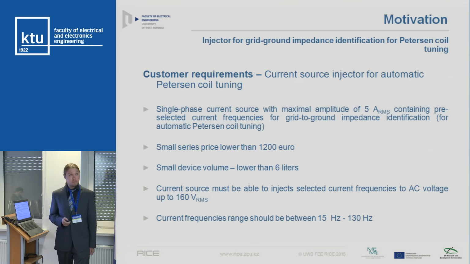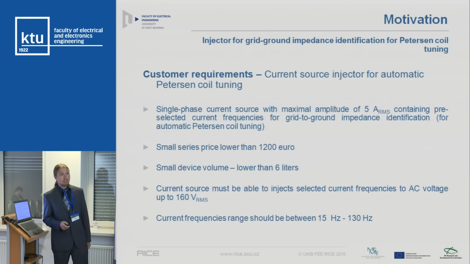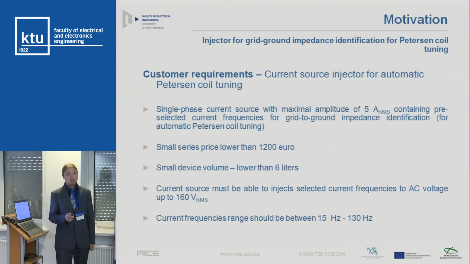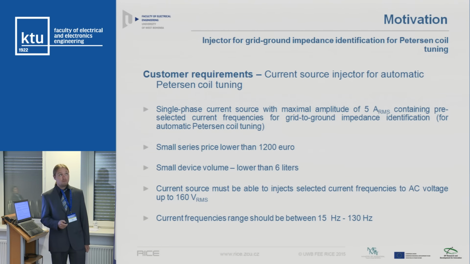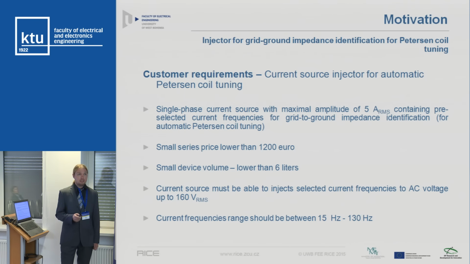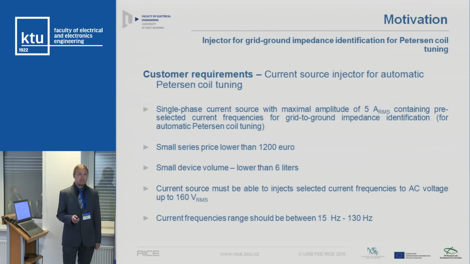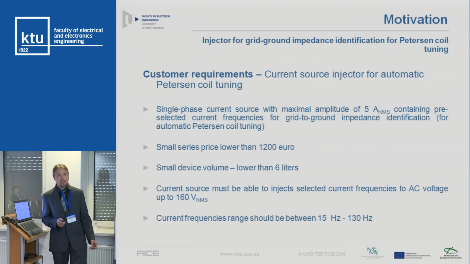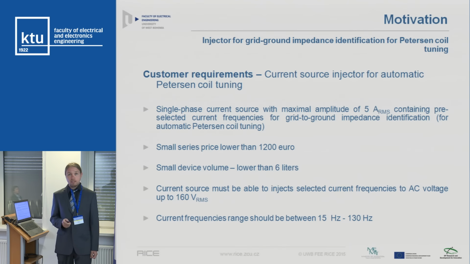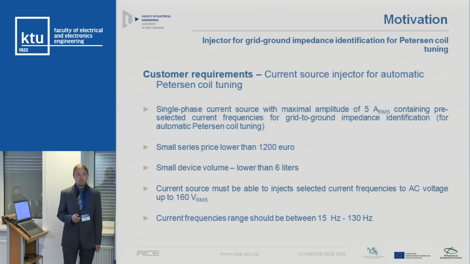So as I mentioned before, we have a customer who wants a current source injector for automatic Petersen coil tuning. This current source should have a maximal current amplitude of 5 amperes root mean square, which should contain some preselected current frequencies, some preselected current harmonics, for grid-to-ground impedance identification for automatic Petersen coil tuning.